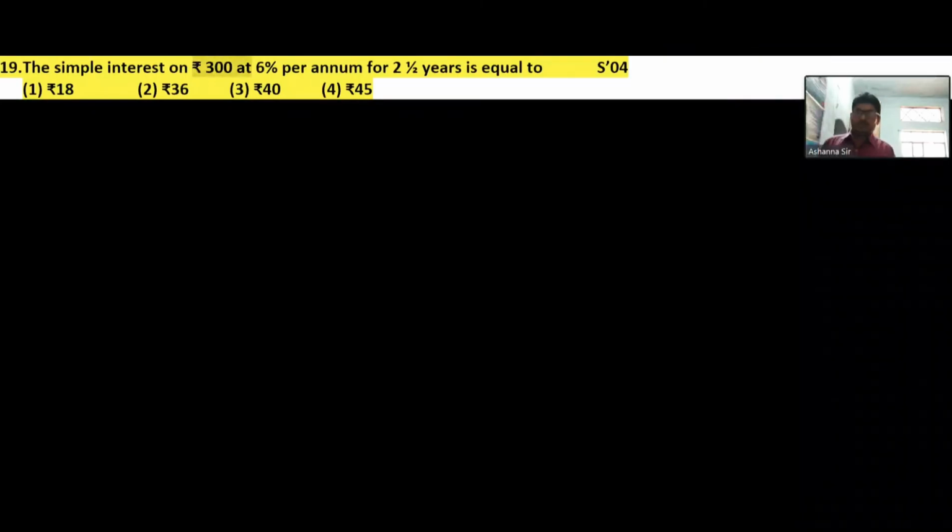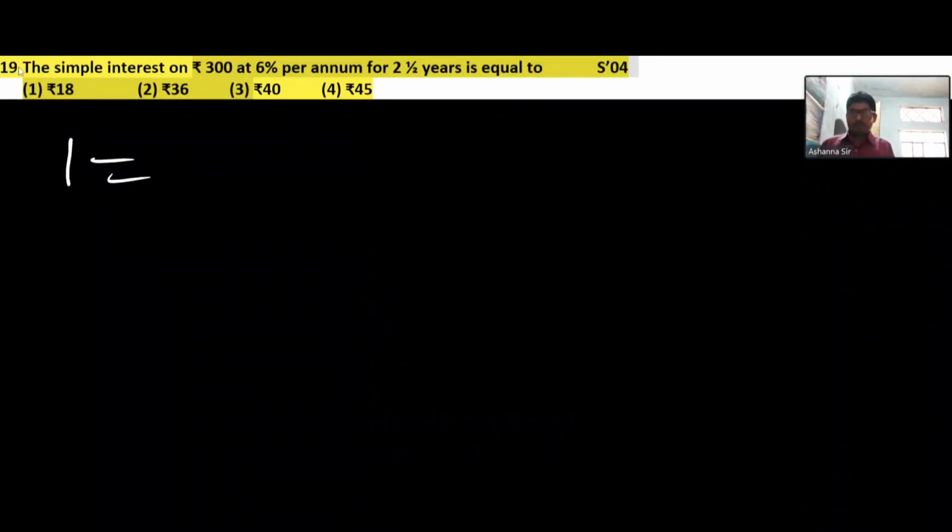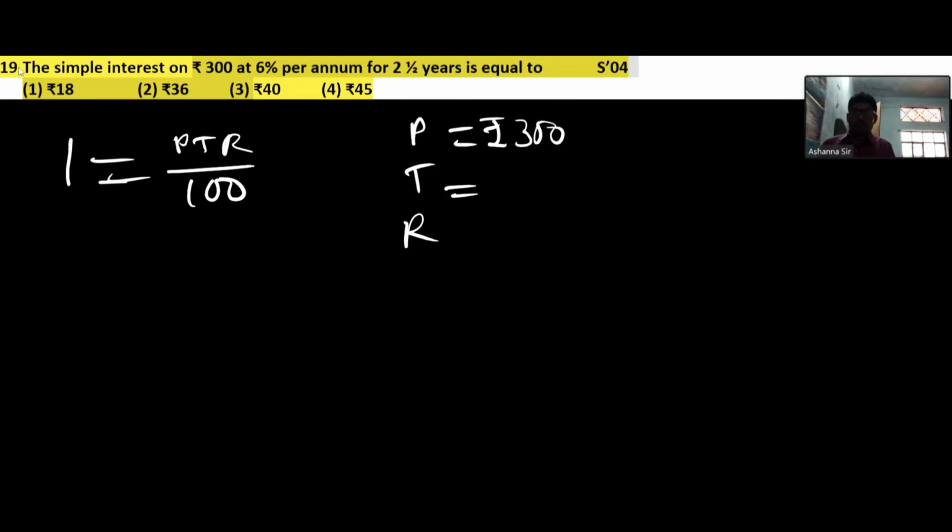Question number 19. The simple interest on 300 rupees at 6% per annum for 2.5 years is equal to... Here we have to find simple interest. I is equal to PTR by 100. Principal 300 rupees, time 2.5 years, means 5 by 2 years.